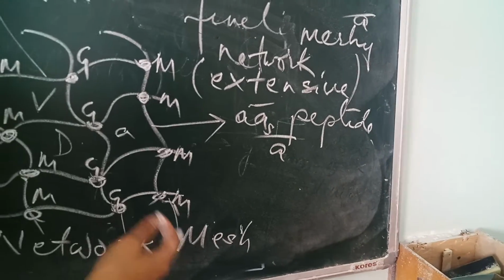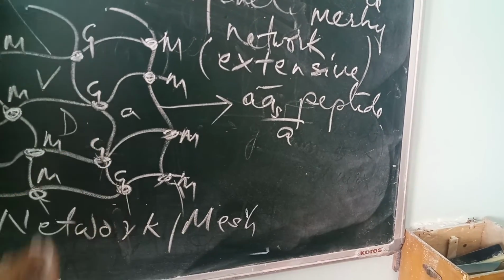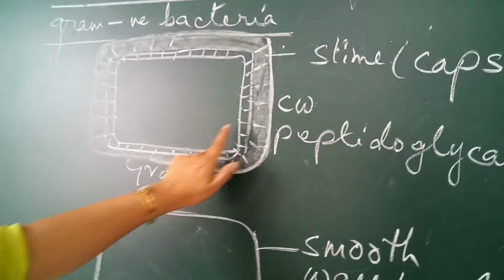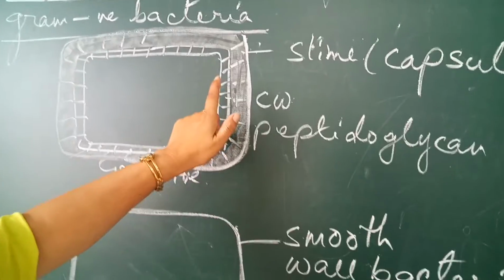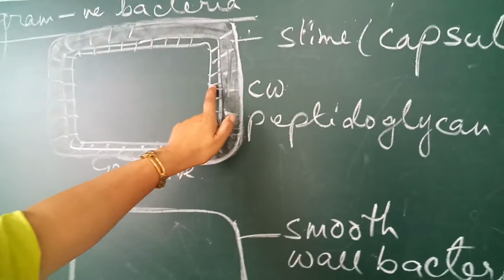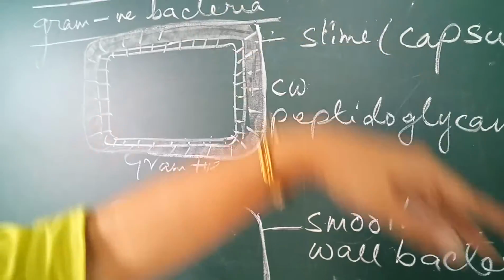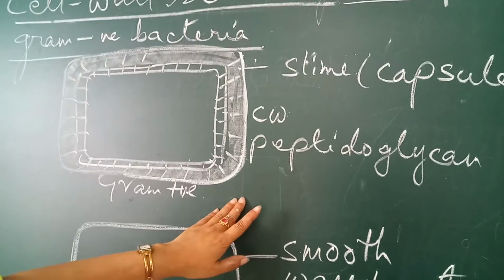It is not loose. This makes the cell wall of gram-positive bacteria very strong and very tough, compared to the cell wall of gram-negative bacteria.